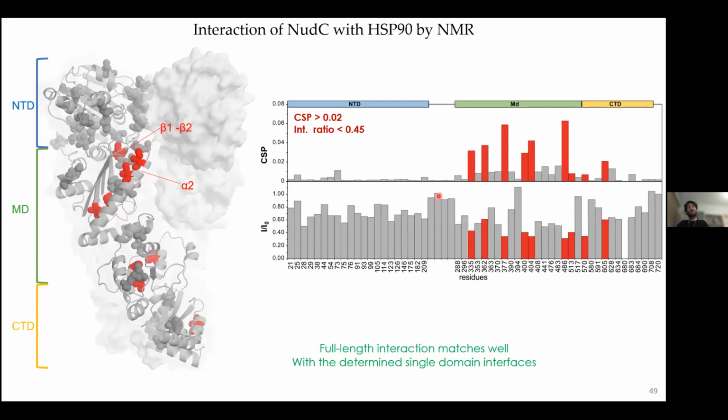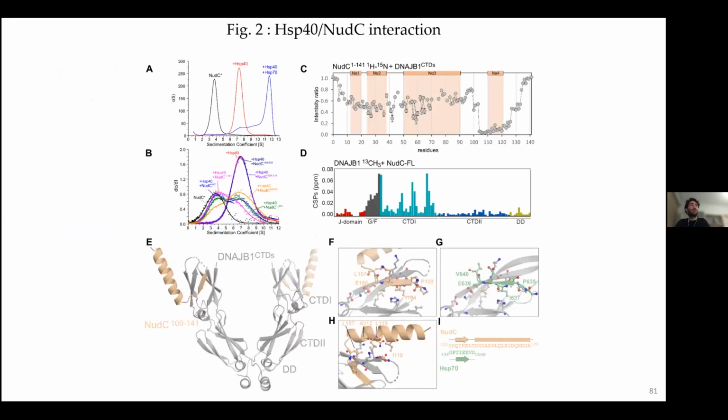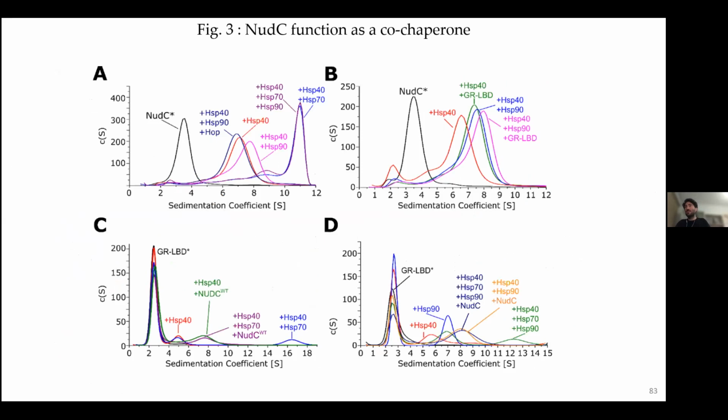And we know from the biophysics that the presence of Nazi, unlike many co-chaperones, does not really affect the conformational cycle of Hsp90.